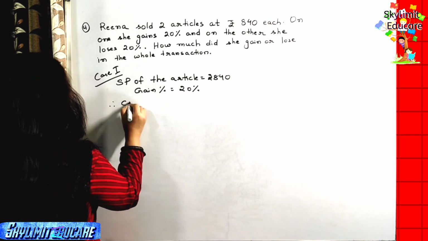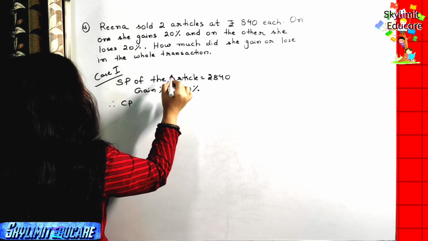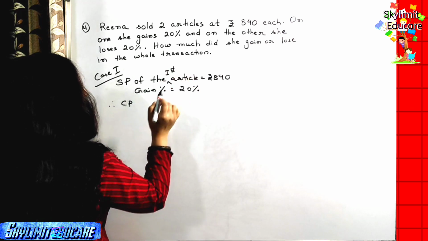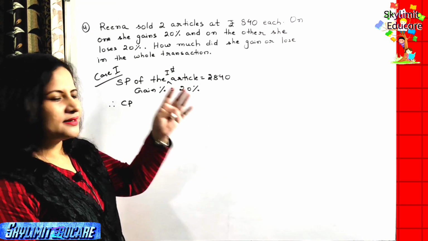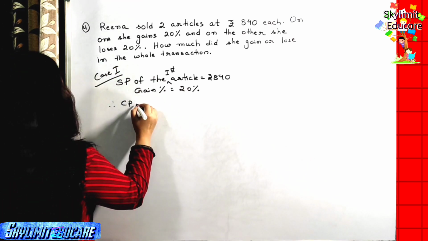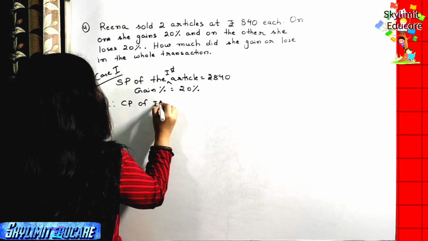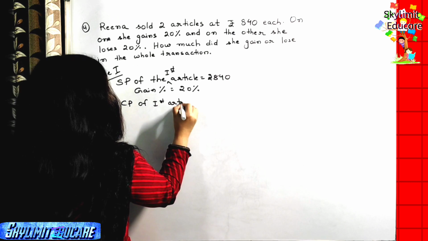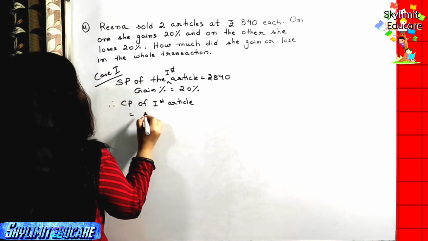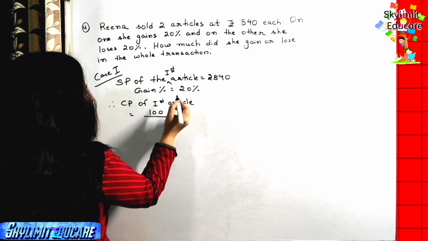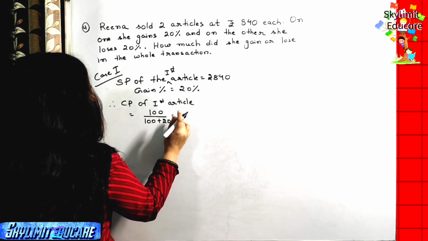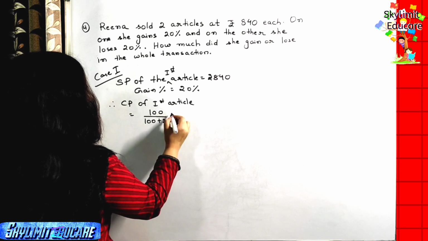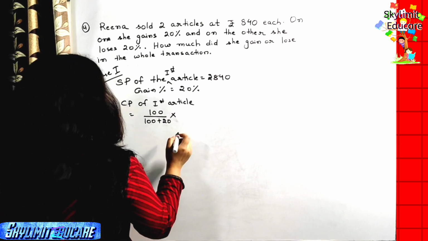So let us write the CP of the first article, because we are dividing here into 2 cases, first article then second article. The formula is 100 by 100 plus profit percent, since this is gain, so 100 plus 20, multiplied by SP.